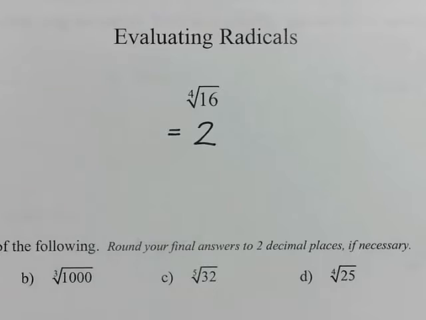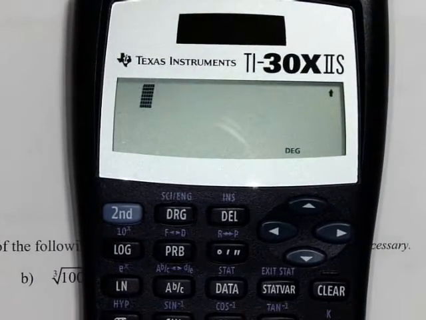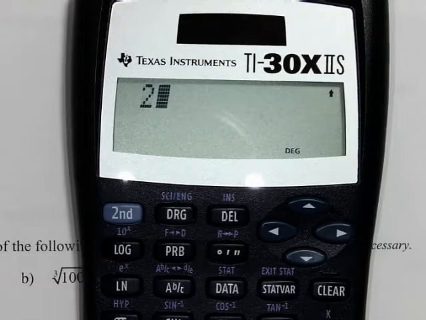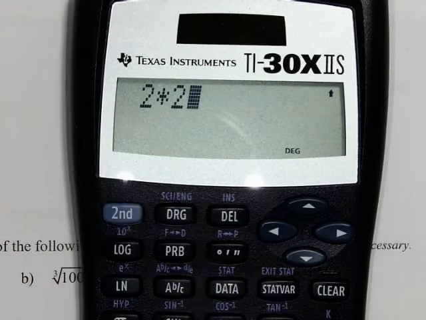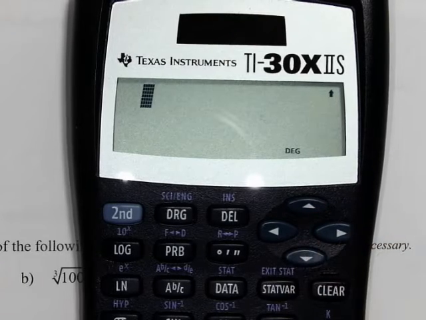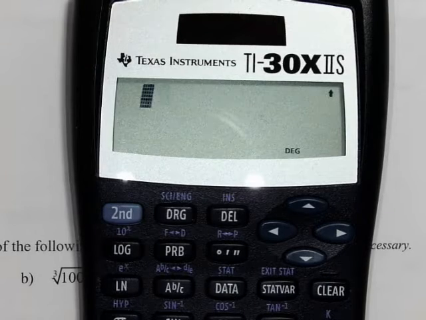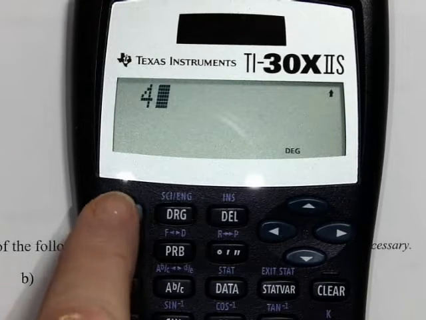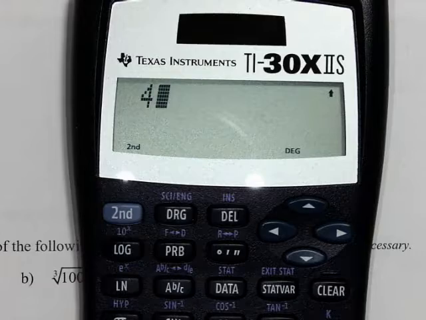is 2. Now I'm going to show you a different calculator. This is one where you see what you type in on the screen. If I typed in 2 times 2, it actually shows up. On this type of calculator, you have to put the 4 in first. We're doing the fourth root, so I would do 4, and then I would do second and my exponent button.